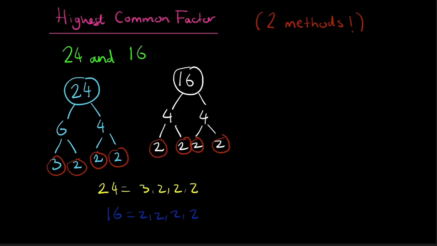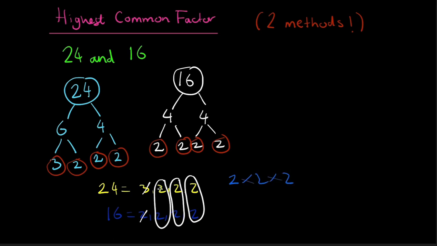Okay, so let's see the common factors. We have 2 here, 2 here, 2 here, and not these two, because they're not the same. So now to work it out, we do 2 times 2 times 2.